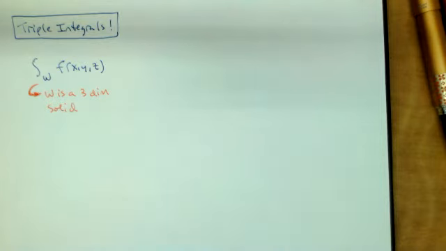Now we have to go to the dx parts. In a simple integral, the dx was just some small piece of an interval. In a double integral, the dA was some small rectangle in the plane. So for a triple integral, we'll have some small piece of volume, dV.